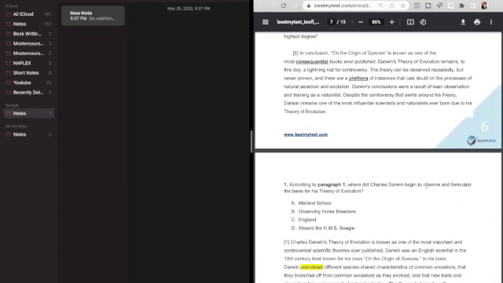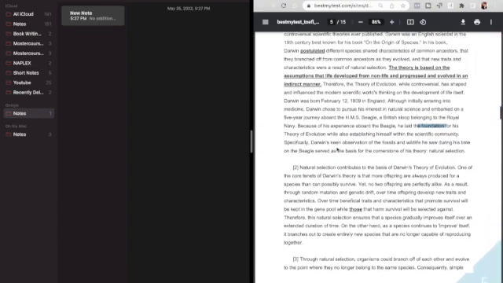Where did Charles Darwin begin to observe and formulate the basis of his theory of evolution? In paragraph number 1, we skimmed the entire paragraph and found, while also establishing himself within the scientific community. Okay, so the word that is closest in meaning to the keyword that we found in the question is foundation over here. Formulate and foundation approximately have the same meaning in this context.